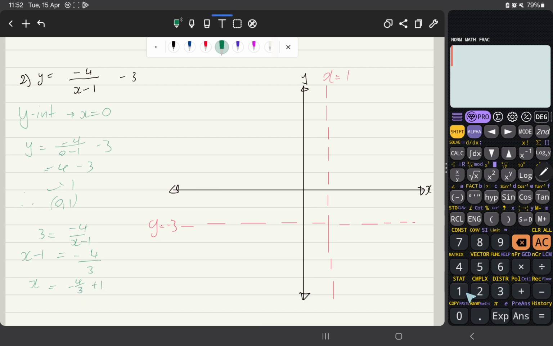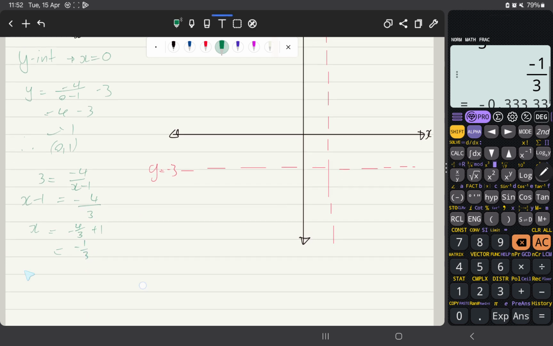So we go to a calculator, 1 minus 4 over 3. The answer then becomes minus 1 over 3. So therefore the x-intercept is minus 1 over 3 and 0, right?